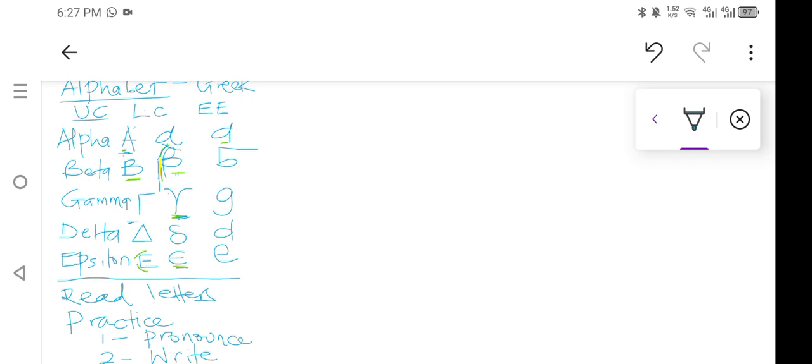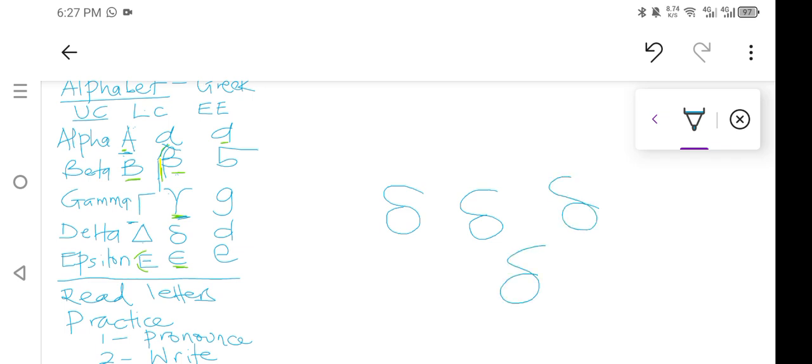The fourth letter we saw was delta. The uppercase is written like a triangle, and the lowercase is written like you're doing an S and then completing that bottom. Or you could begin with that bottom and then take it up.